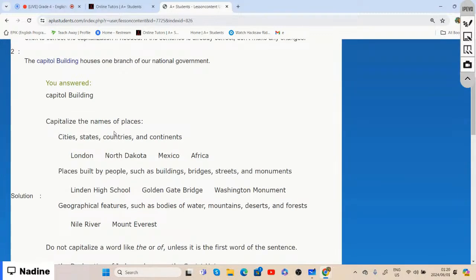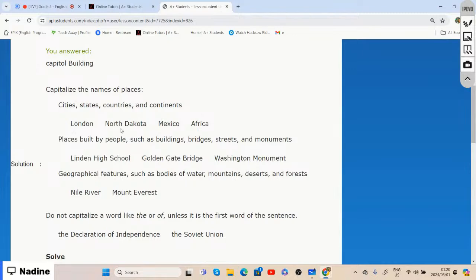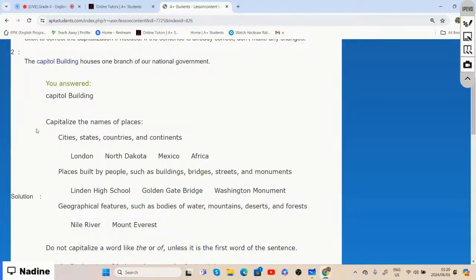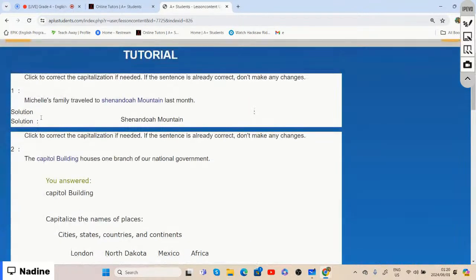So these are more like significant buildings, significant places. So it says here, click to correct the capitalization if needed. If the sentence is already correct, then don't make any changes.